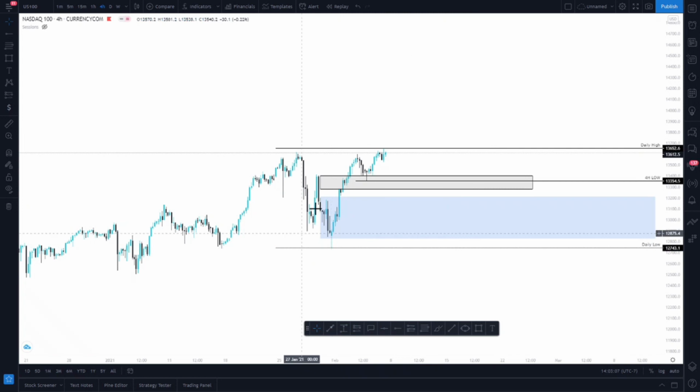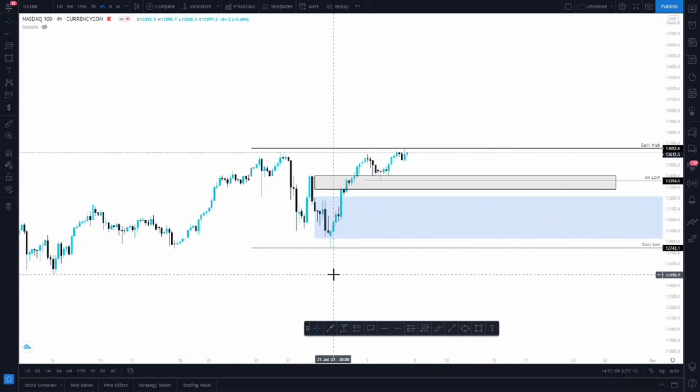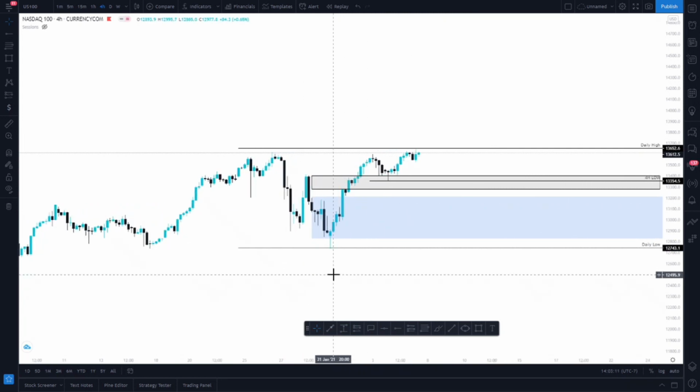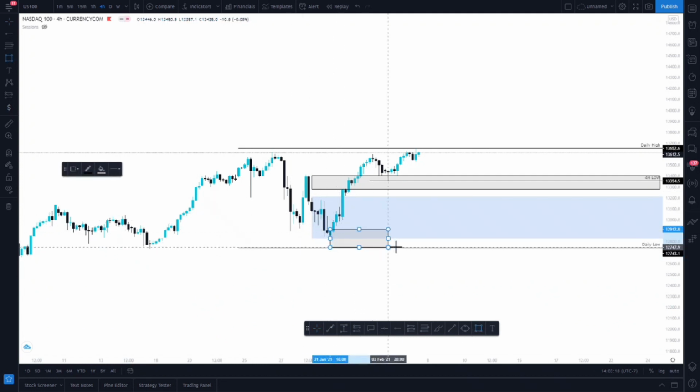Then we can clearly see, guys, that the point of interest over here has changed a bit because we have an H4 point of interest over here.